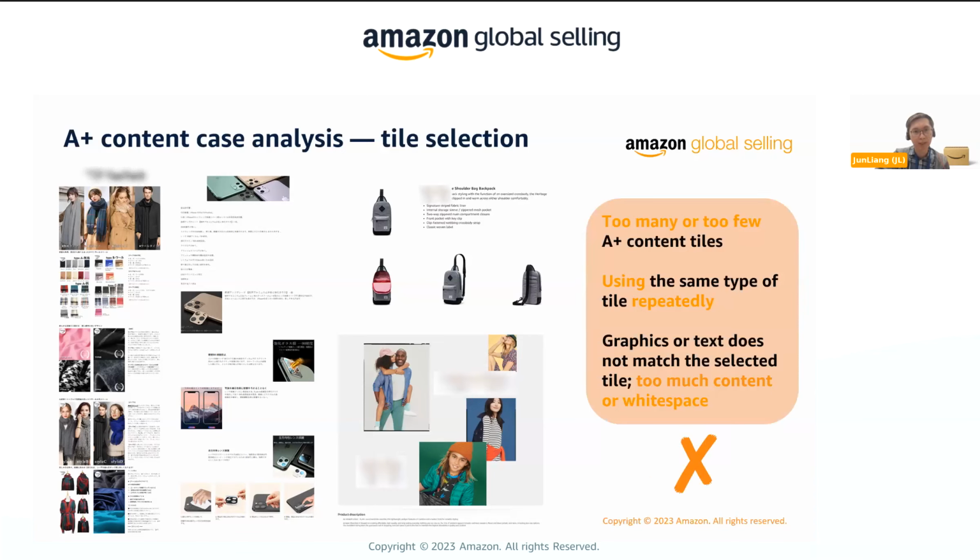So this one we can see there's actually either too many or too few content tiles. A lot of the same tiles have been used repeatedly, there's no variation, and the graphical text does not really match the selected tiles. Too much white space as well.